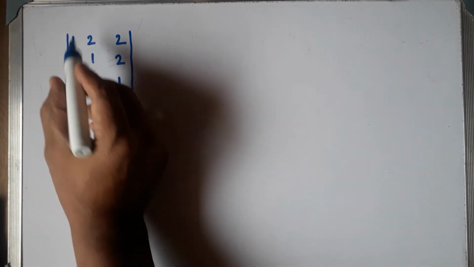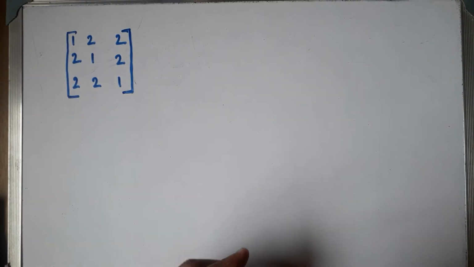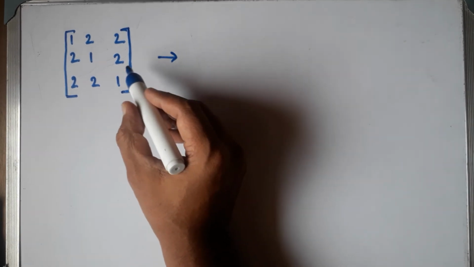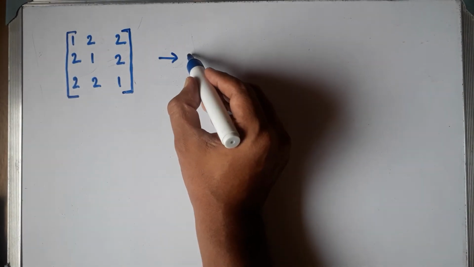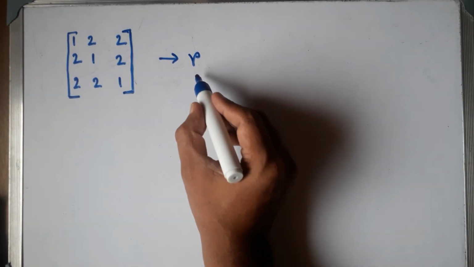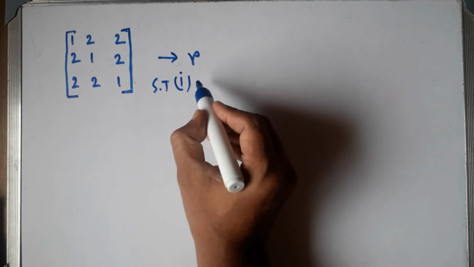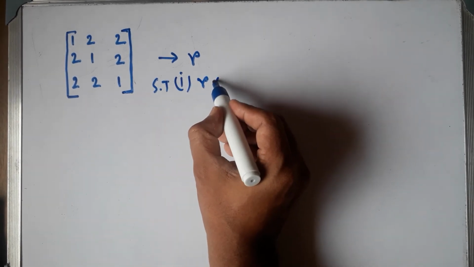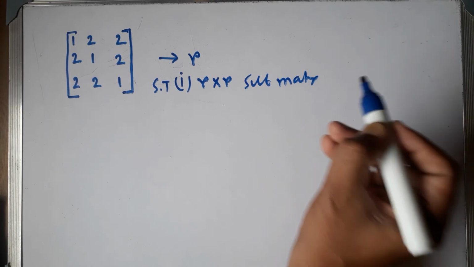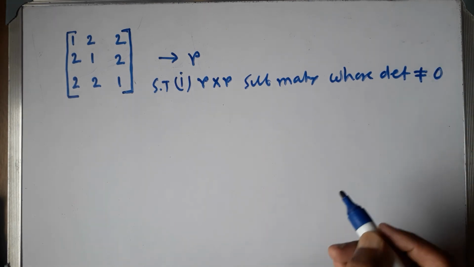Its rank is a positive integer, if it is a non-zero matrix, such that there exists at least one r cross r submatrix whose determinant is not equal to 0.